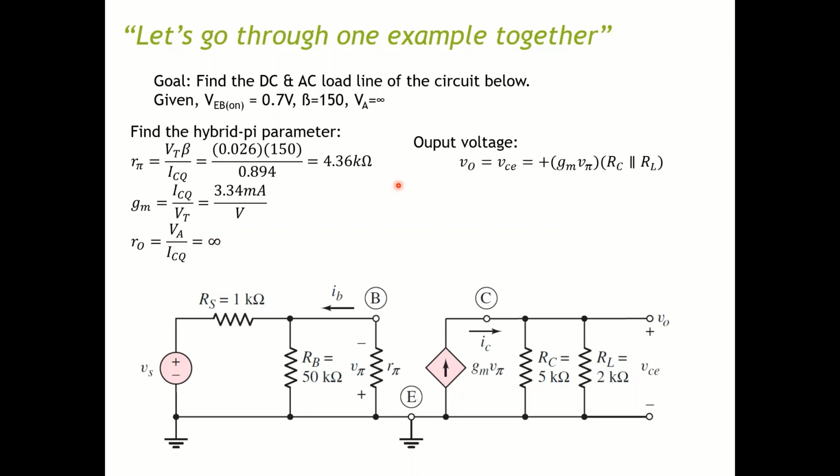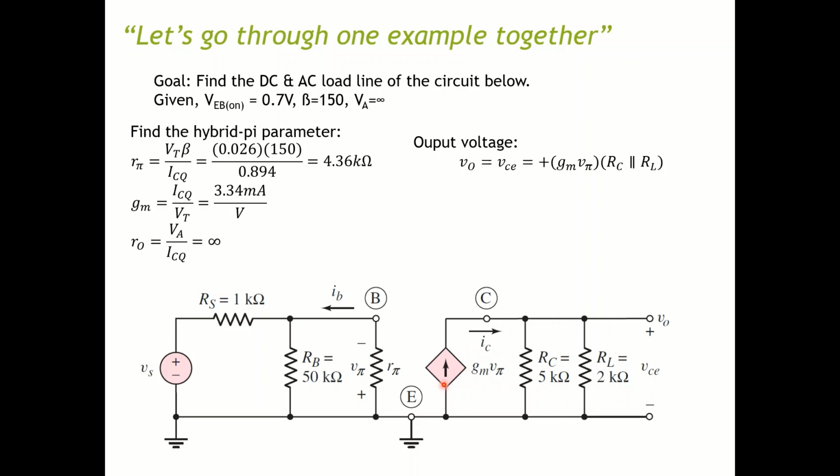So next, we try to figure out our output voltage. The output voltage is basically the VCE here, as you can see. So you can also analyze this loop.